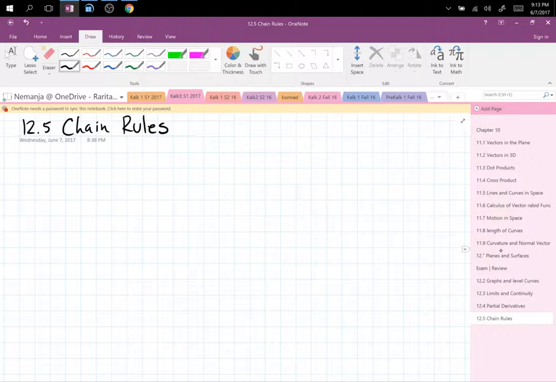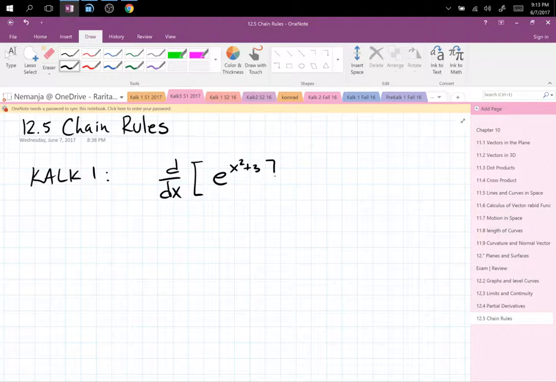To refresh from Calc 1, first, as usual. If you are to take the derivative with respect to x of, let's say, e to the x squared plus 3, you would say that e to the x is the main kind of function, and then x squared plus 3 is composed with e to the x, so it's plugged into e to the x.